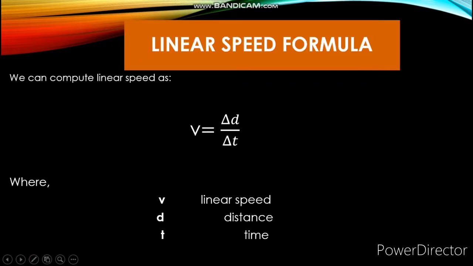So here is the formula of linear speed. We can compute linear speed as V equals D over T, where V stands for linear speed, D stands for distance, and T stands for time.